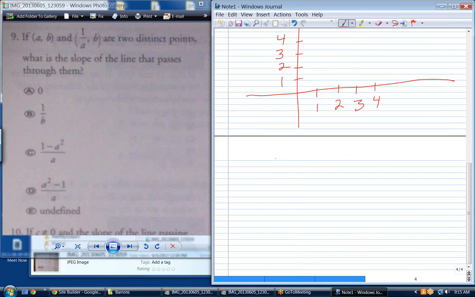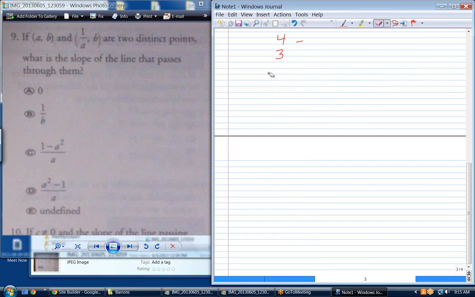So let's look at this one. We don't need to draw this one. Number 9. So I have a point A comma B, and I have a point 1 over A comma B. What's the slope between them?